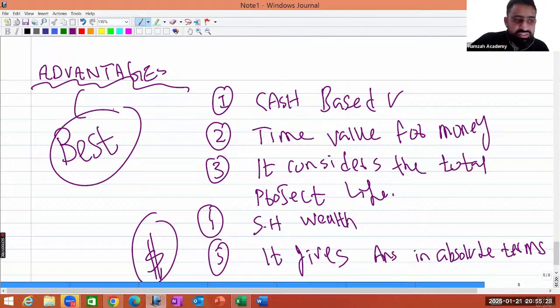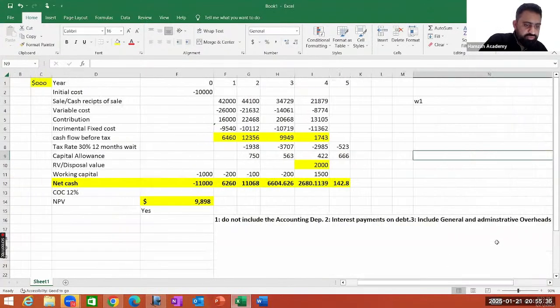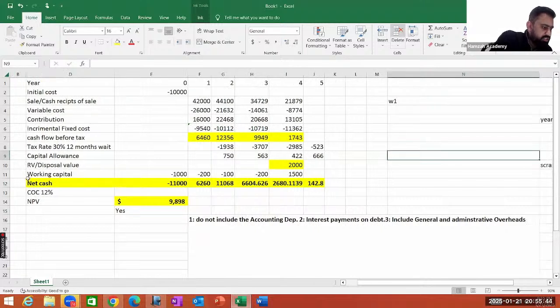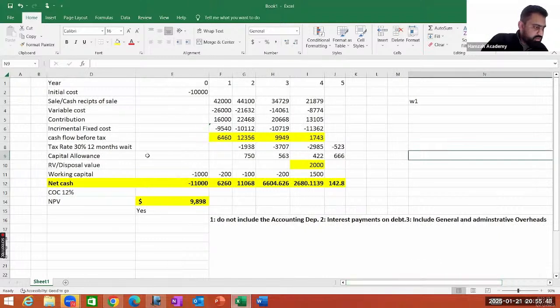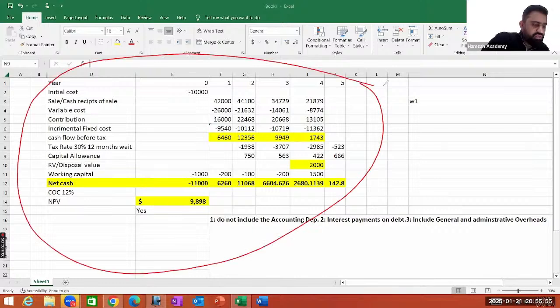Yes, there are certain disadvantages of NPV as well. The disadvantage of the NPV is that all the projections which we have used in this format of NPV are basically forecasts.